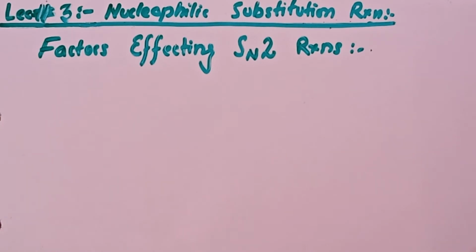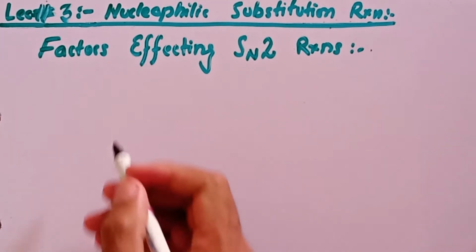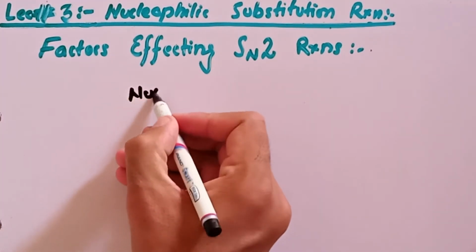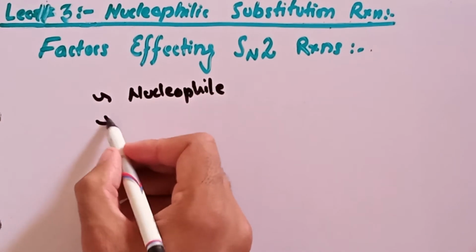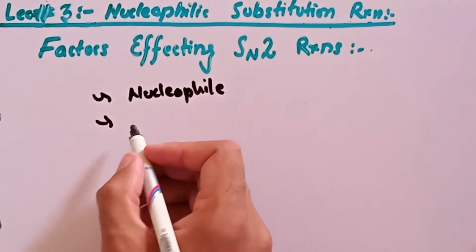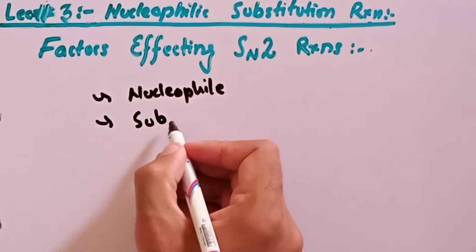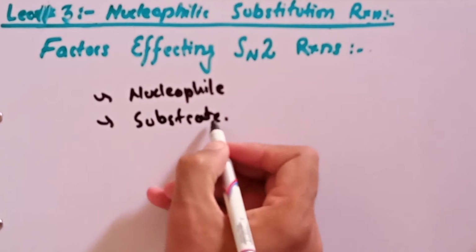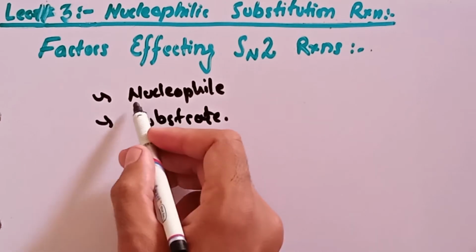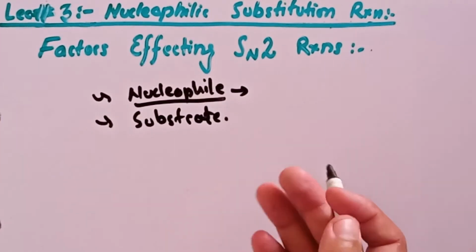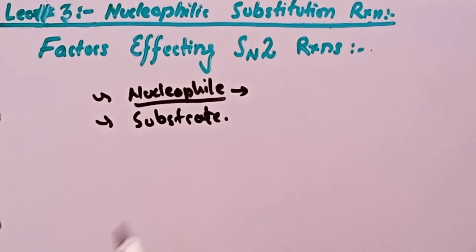So in today's lecture, we will study different factors that affect the Sn2 reaction. There are some factors that affect the nucleophile in nucleophilic substitution reaction, and some factors that affect the substrate. Some nucleophiles act as strong nucleophiles, and some act as weak nucleophiles.